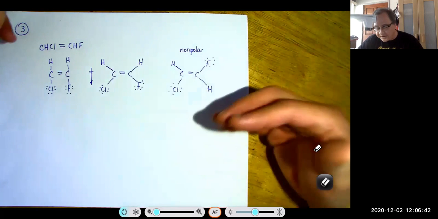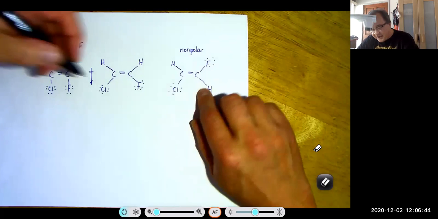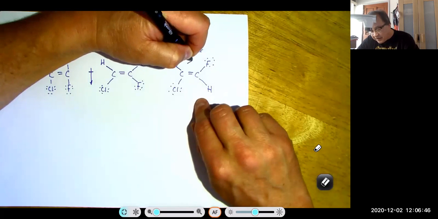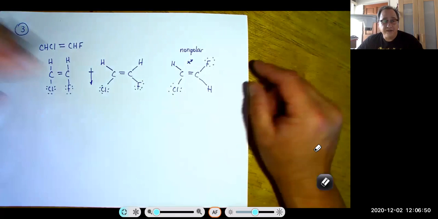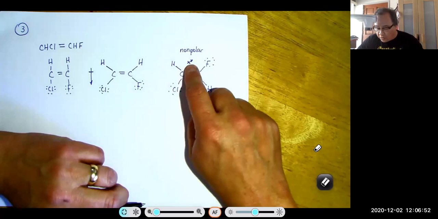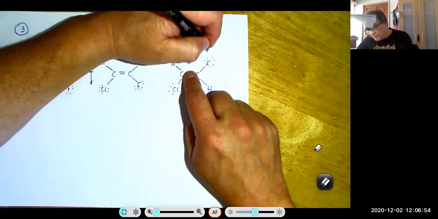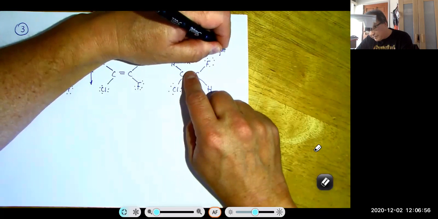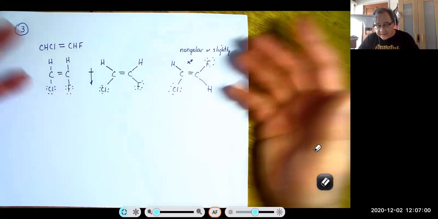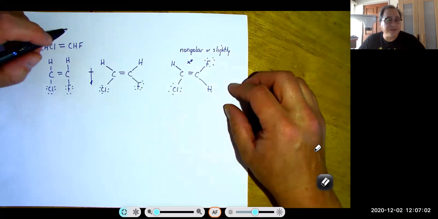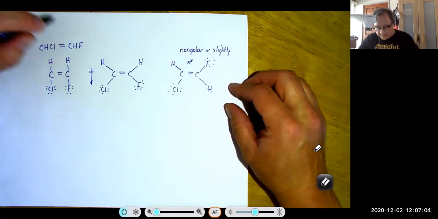If you did have to assign a polarity to this, it'd be a very slight polarity towards the fluorine because chlorine is also electronegative. So this would be slightly polar. And this one would be very polar. And notice that the polarities are different.